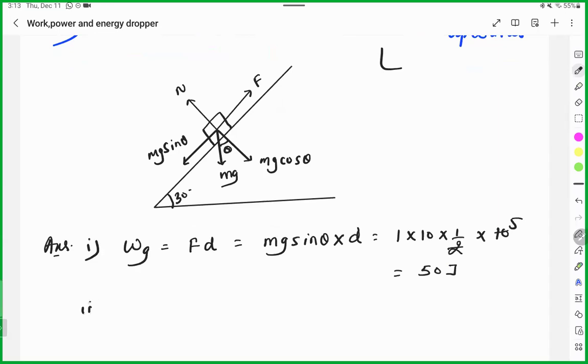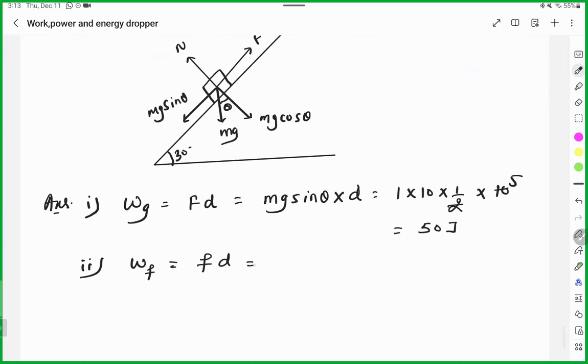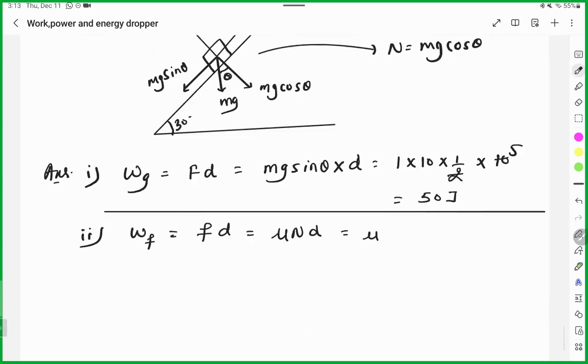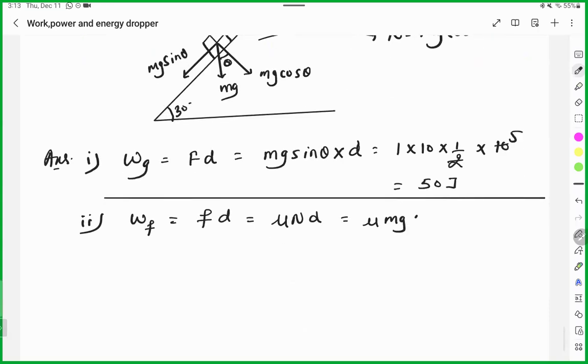Second part, against the friction. So friction multiplied by displacement. Friction value is equal to μN into d. What is the N value? According to this diagram, N value is equal to mg cos theta. They are opposite to each other. Correct? So N value is mg cos theta multiplied by displacement.